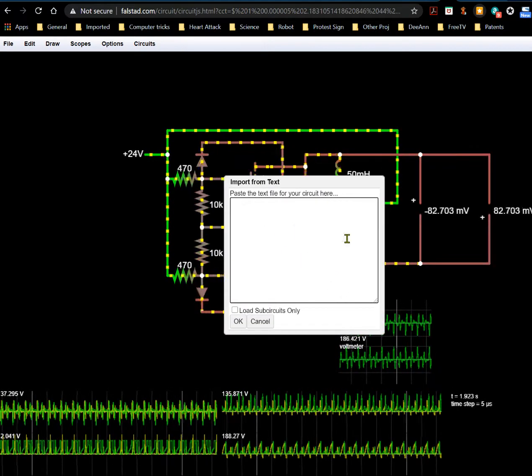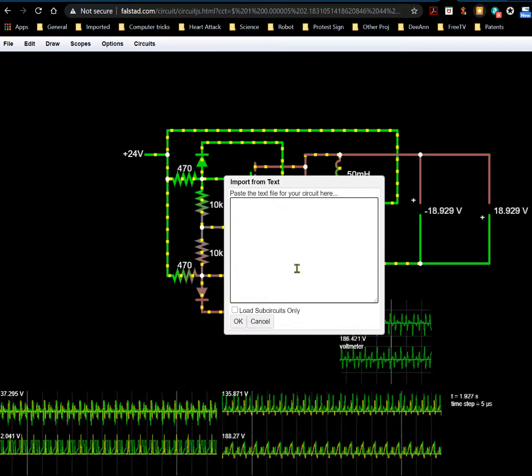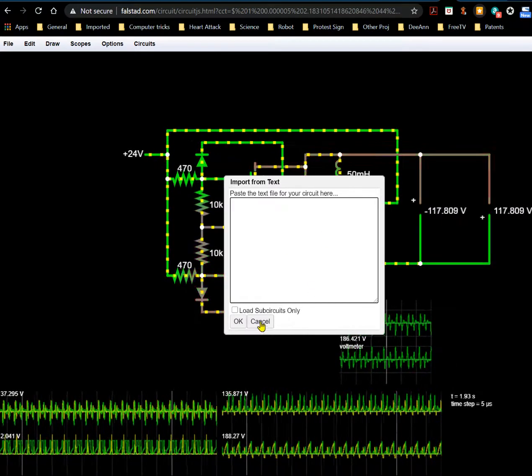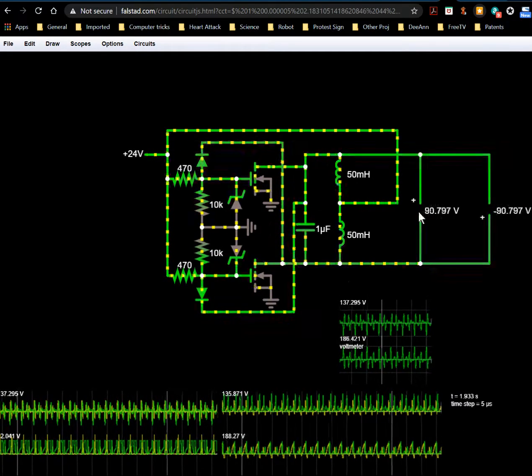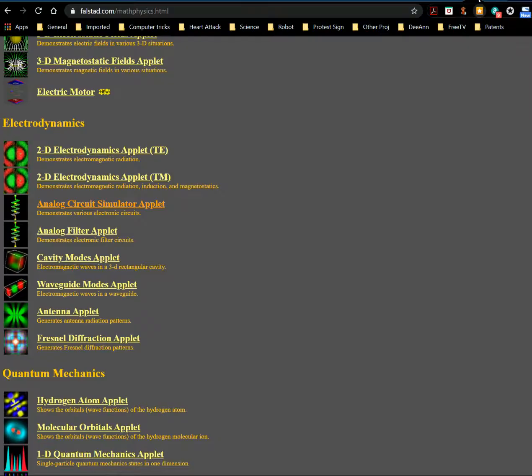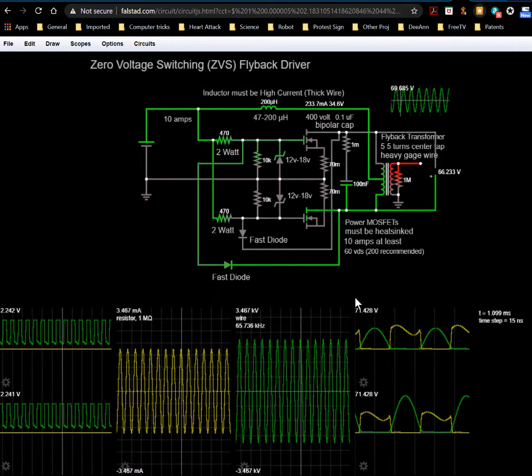So you can paste it here and then open up the next one and copy it in and paste it here. That'll bring a circuit up similar to this.